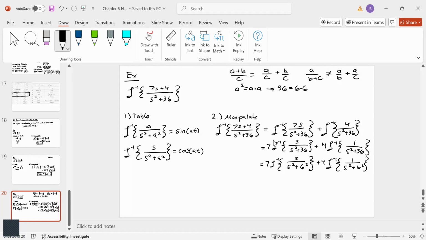So the only thing that's missing from this entire process is, I notice that the cosine part's dealt with. It has everything I need. The sine part doesn't have an a in the numerator, it doesn't have a 6. So this is where we're going to use a trick, which I call the one trick. 1 is a very special number in mathematics.